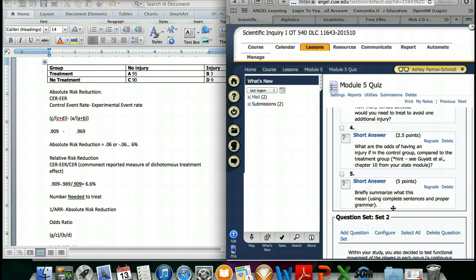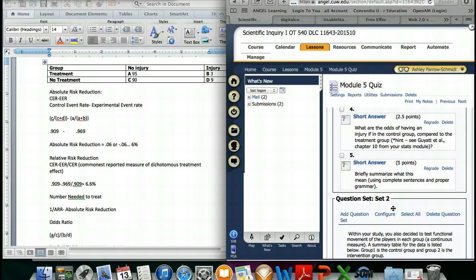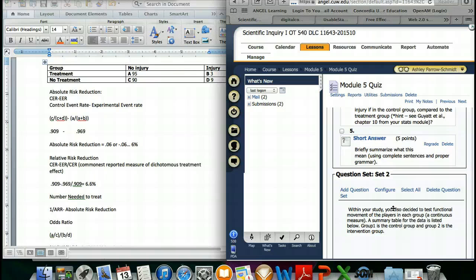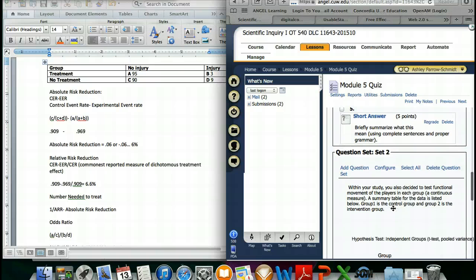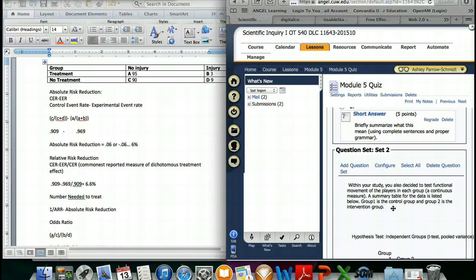Alright, so now that we've calculated the odds of something happening, we want to briefly summarize what this means. So essentially, now that you've calculated the relative risk reduction, the absolute risk reduction, and the odds ratio, after having done all of this, what does this mean?